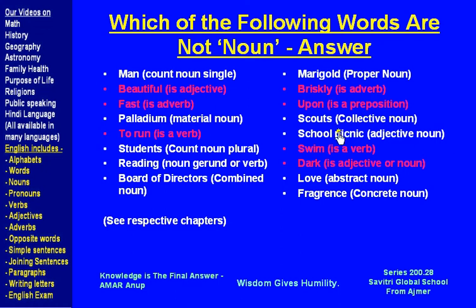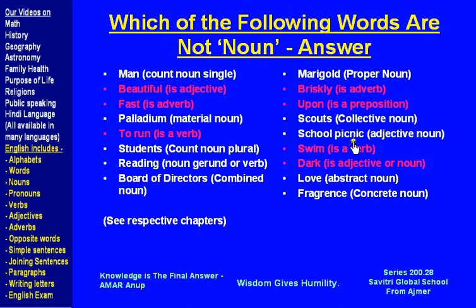Next word is scouts. Now the word scouts is usually used to indicate a group of scouts, like 50 scouts, 10 scouts, 8 scouts. So it's a collective noun, like the word class or school.